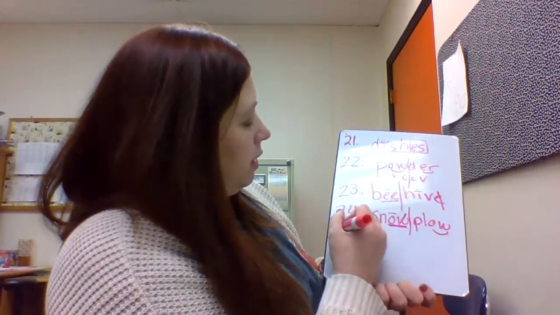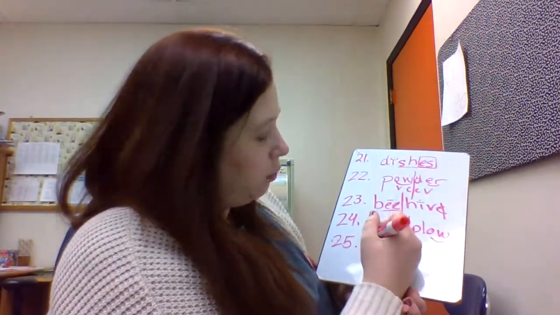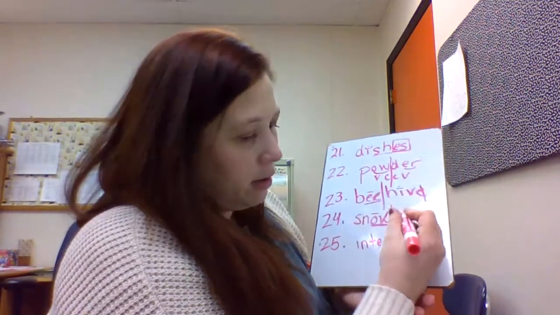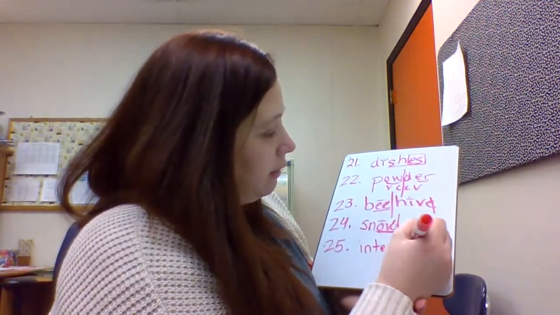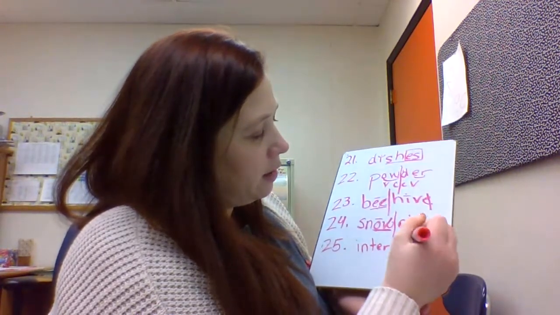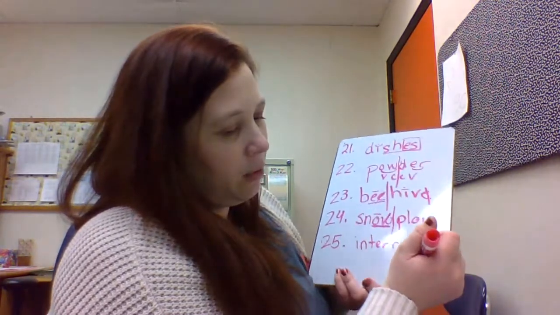So underline that. 25 is interruption. Whoo, big word. This is bringing back our multiple syllables. Here, first we're going to do our final stable syllable, T-I-O-N.